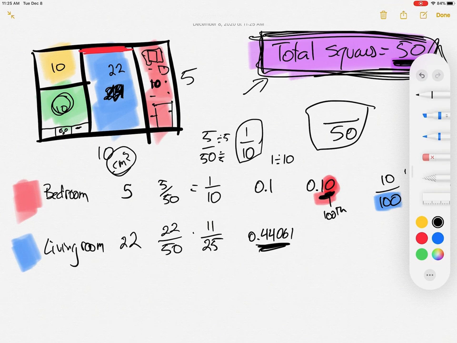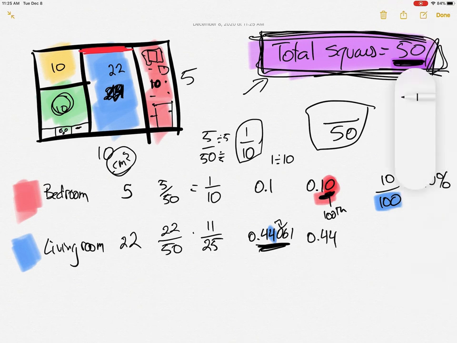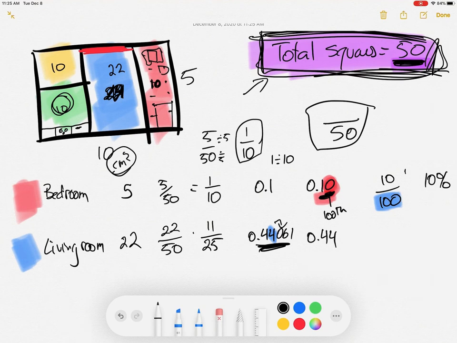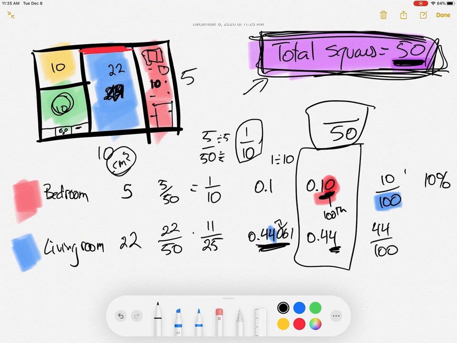Here, again, I would need to round it to the hundredth spot because that's what my percentage is out of. The next number is a 0, so it stays. It's going to be 0.44. That's a rounded decimal to the hundredth spot, second decimal place. Out of 100, this is going to be 44 hundredths, right? That equals that. And now my percentage is literally the number that's out of 100.